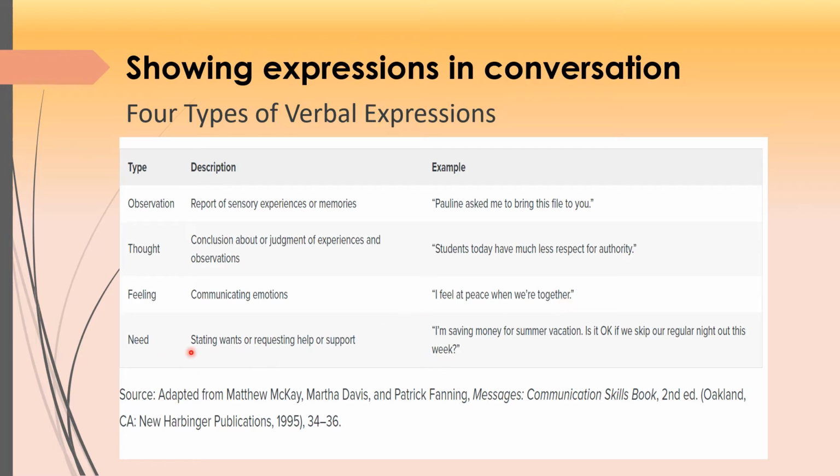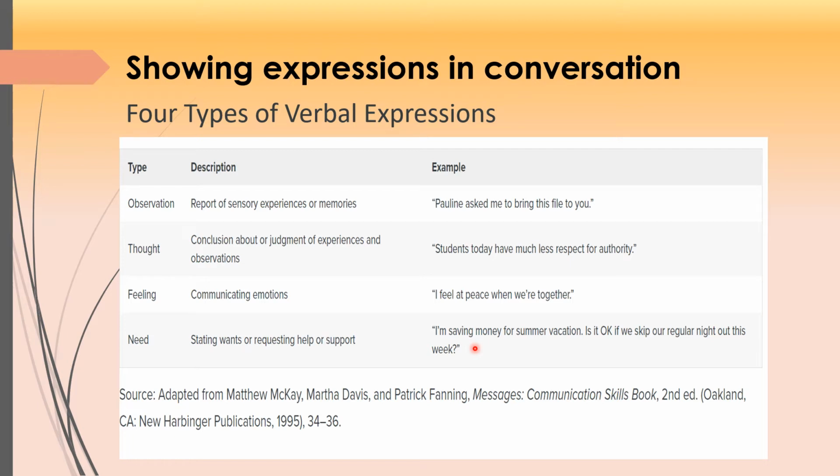And the need, stating wants or requesting help or support. I am saving money for summer vacation. Is it okay if we skip our regular night out this week? So look at this particular sentence. For example, if we want to produce a context, the context is one friend is asking another friend for a night out.